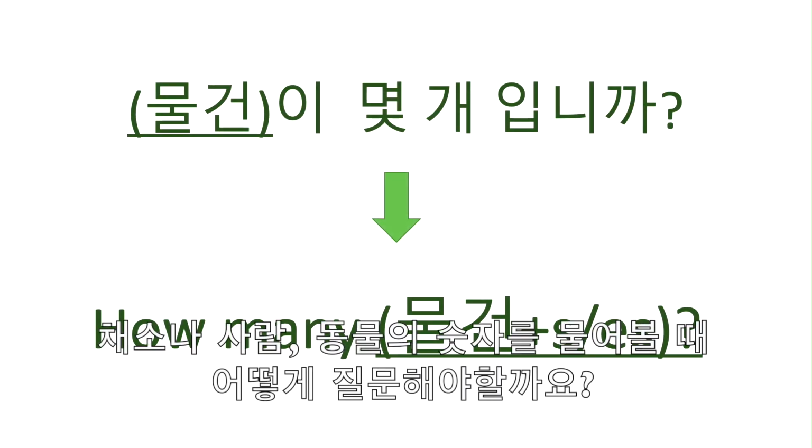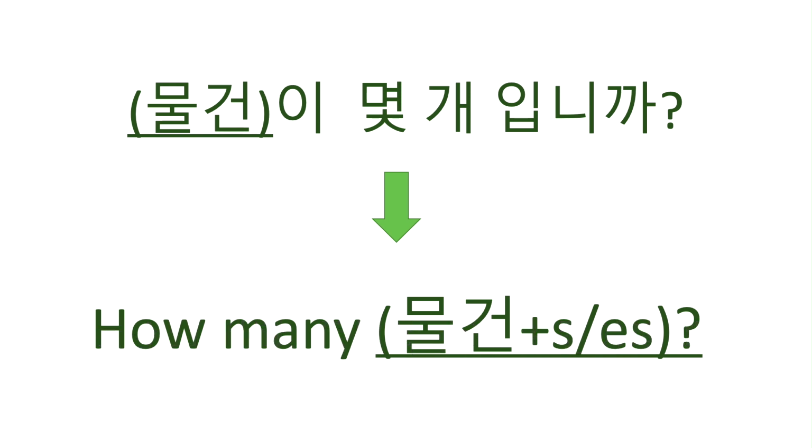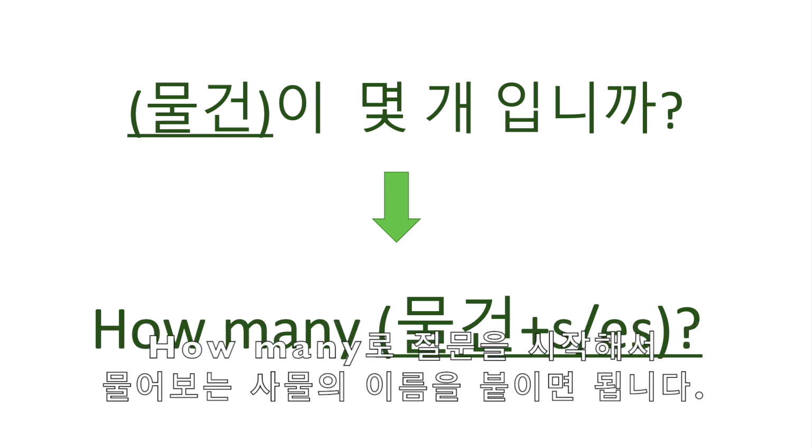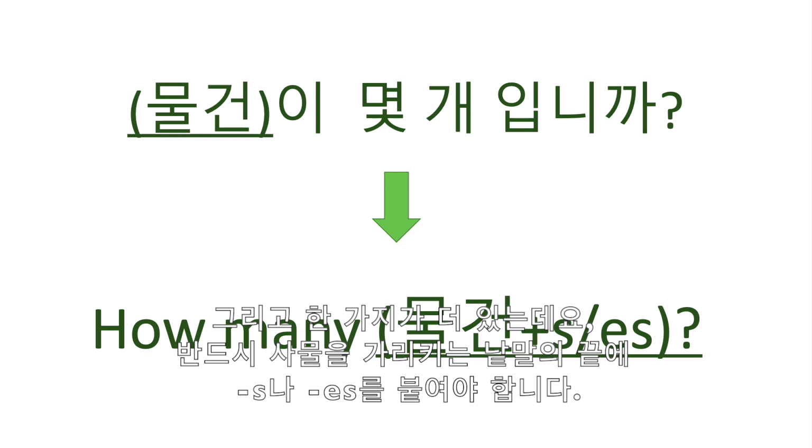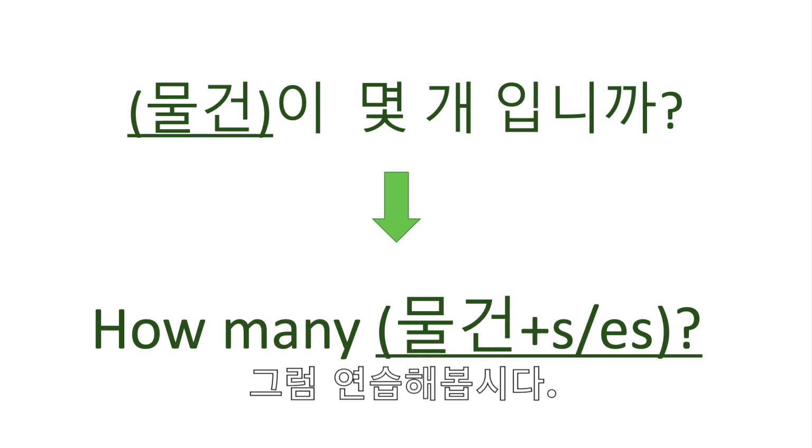When we ask about numbers of things like vegetables or people or animals, how do we ask? We start our question with how many and then plus the object. And there's one more thing. Make sure you always put S or ES at the end of the name. So let's practice.